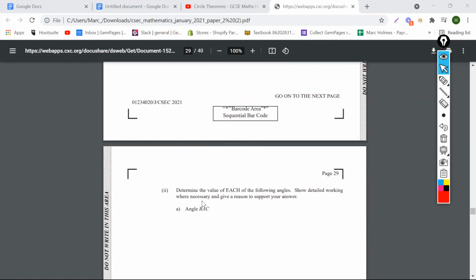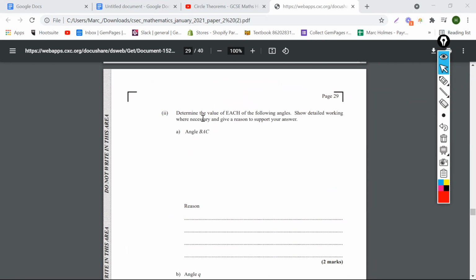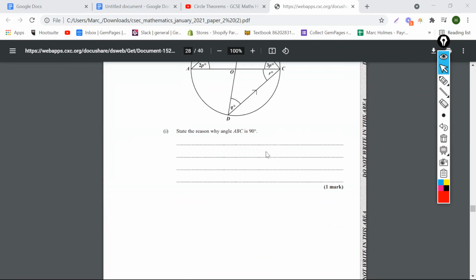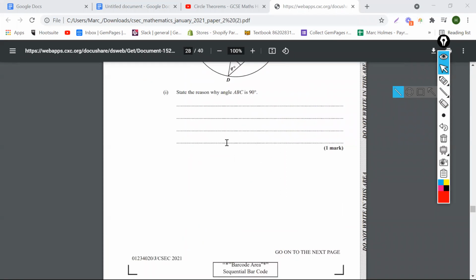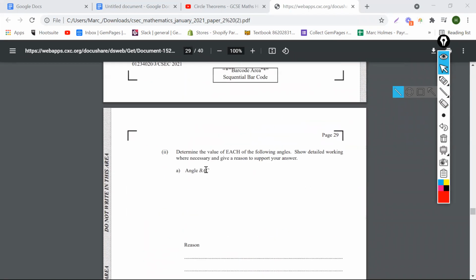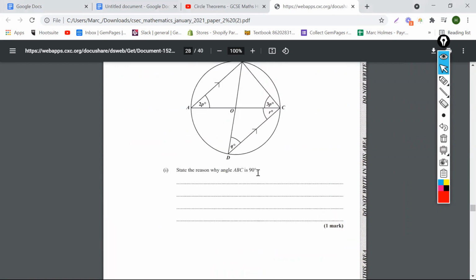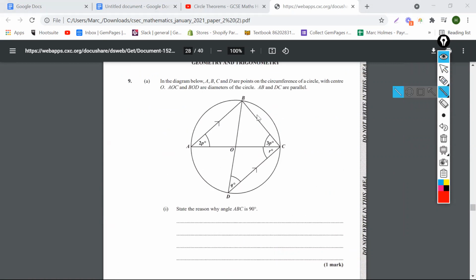And the next one now, guys, it says, determine the value of each of the following angles and show detailed working where necessary and give a reason to support your answer. Okay, so they said BAC, guys. So angle BAC is actually B to A to C. So they're talking about this angle here.